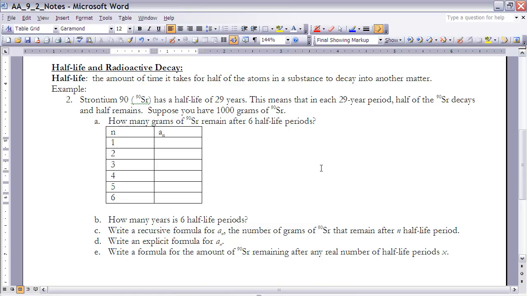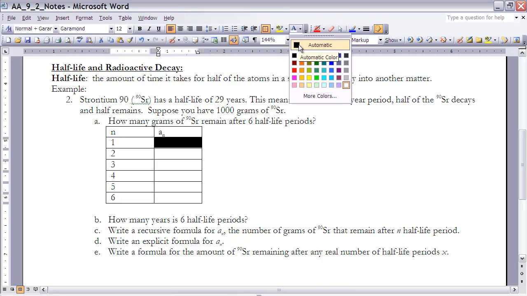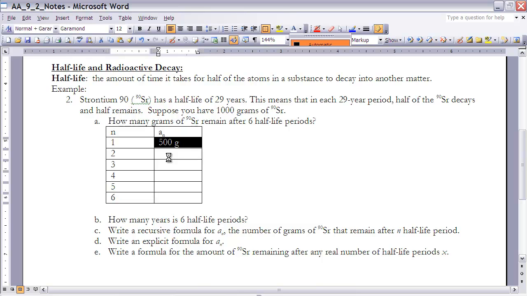After one half-life period, if it started out with 1,000, it's going to have to go down to 500, or half of that value. And then after each successive one after that is going to be half of the previous one.